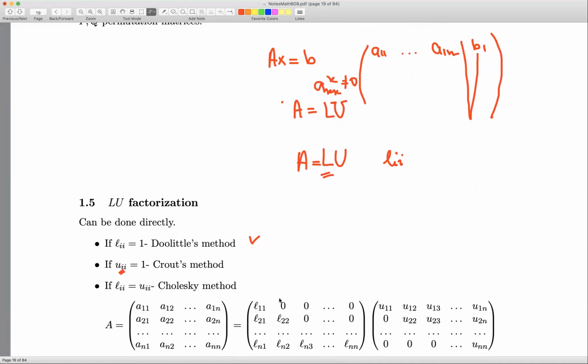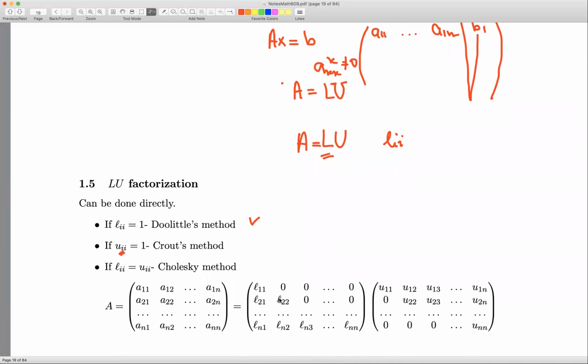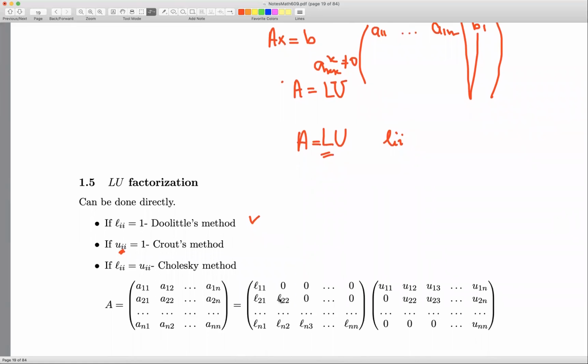So now we will see that the LU factorization in fact is not unique, and it will transpire in a minute why. Let's say we start with a matrix A with entries A_ij, and we would like to represent it as a product of a lower triangular matrix L and an upper triangular matrix U, without any Gauss elimination.